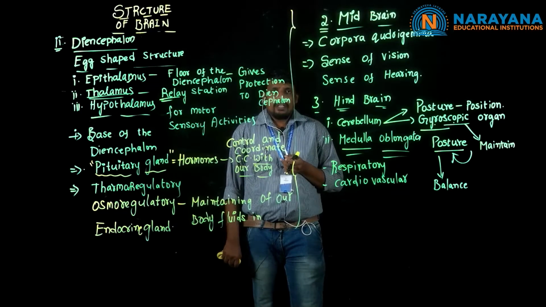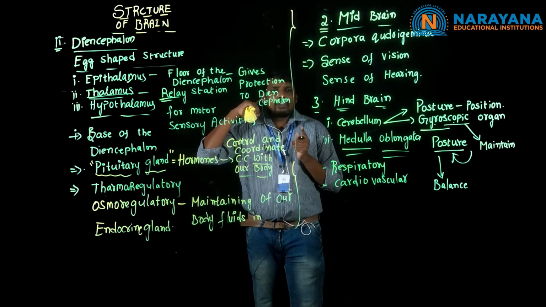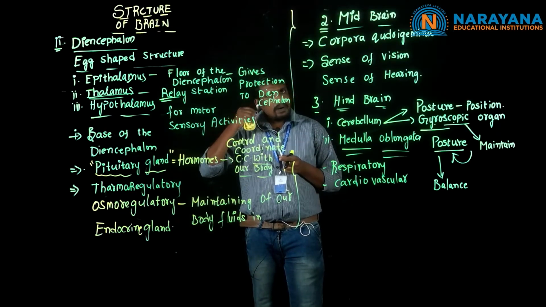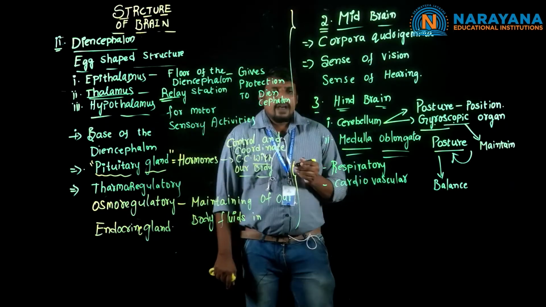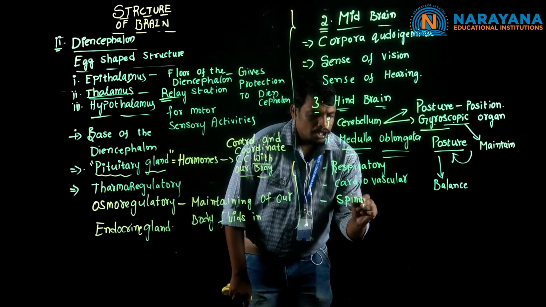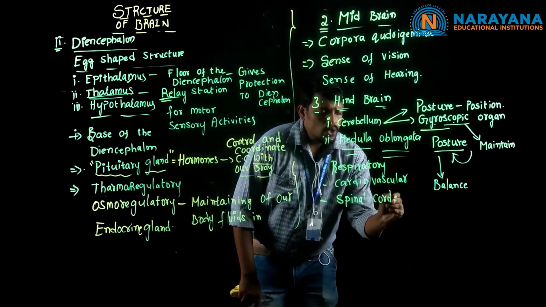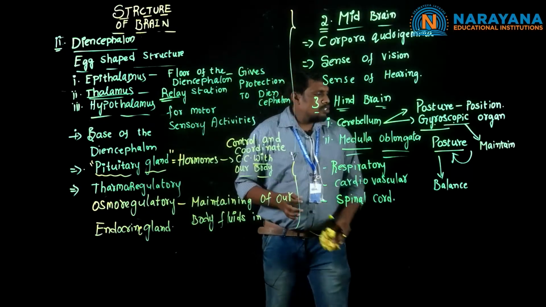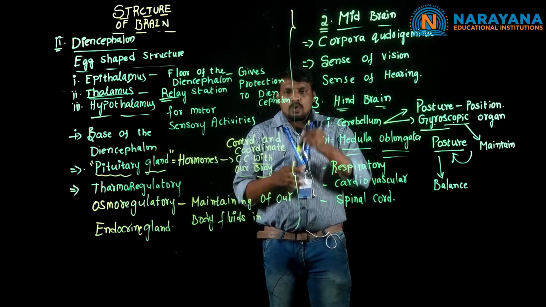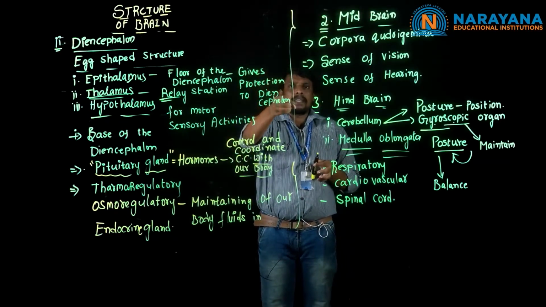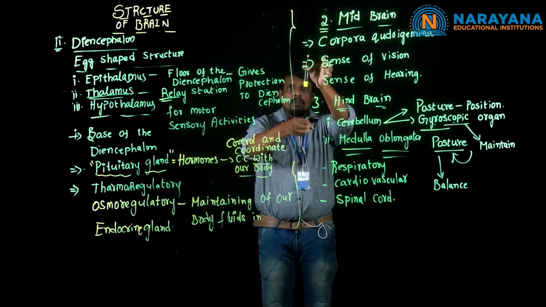Clear? Right. The posterior part of the medulla oblongata continues into the spinal cord. Did you ever imagine how the brain is fixed into the spinal cord? Suppose this is a canal of the spinal cord and this is the medulla oblongata.